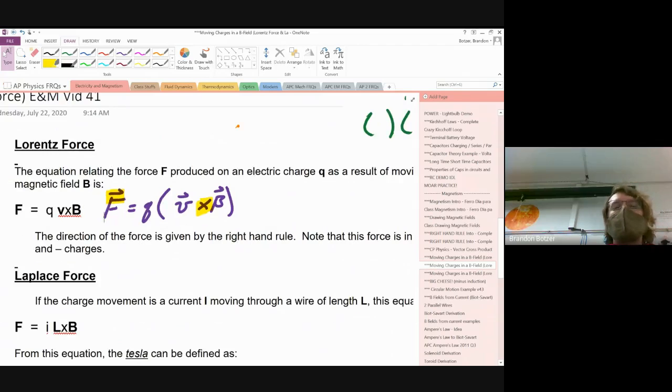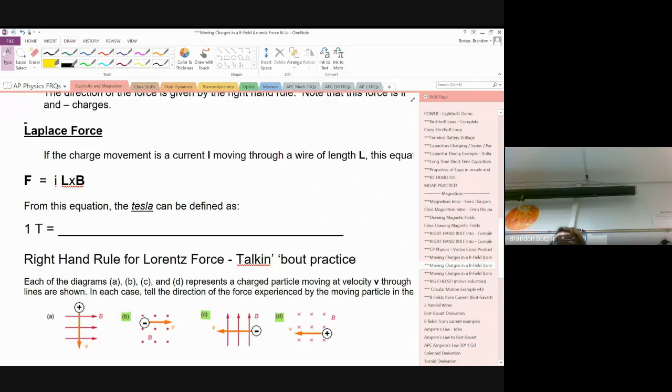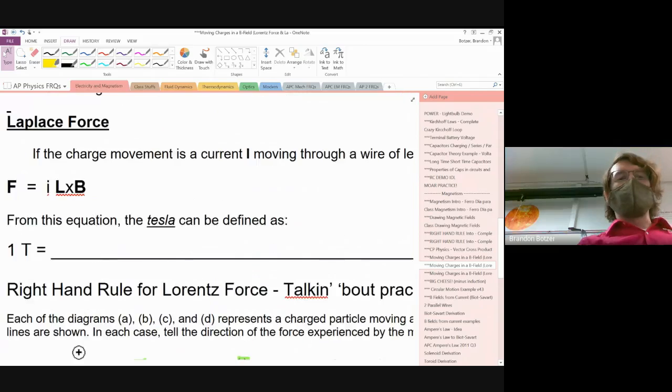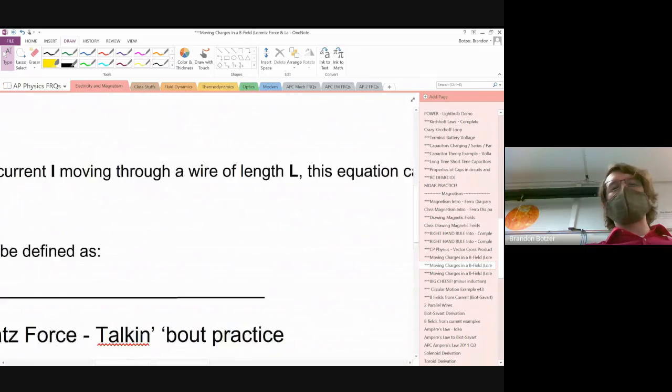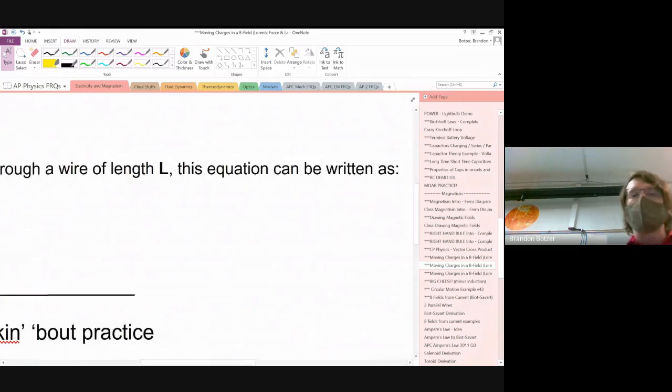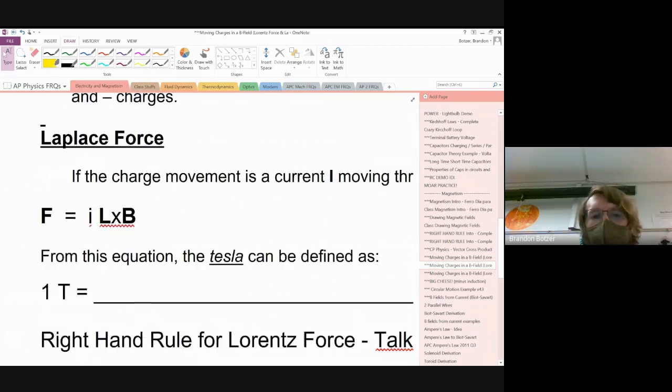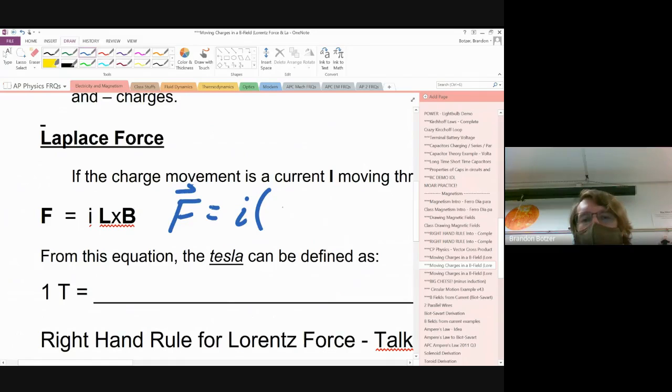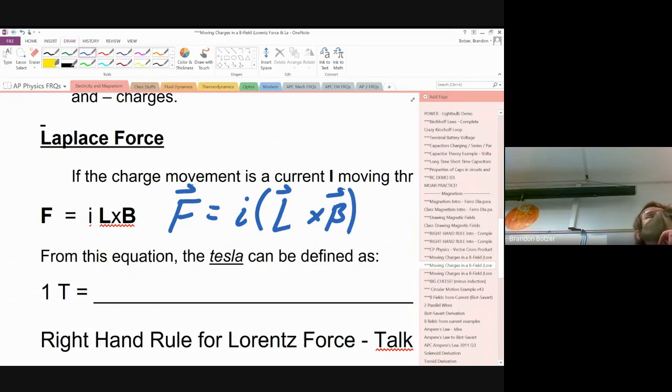Now, if you take moving charges and you stick them in a wire, we would call this a current. So if the charge movement is current through a wire of length L, we can rewrite that equation like this. Force equals a current times the cross product of L cross B. And this is a little weird because you don't think about a length as having a vector, but currents cannot have a vector.